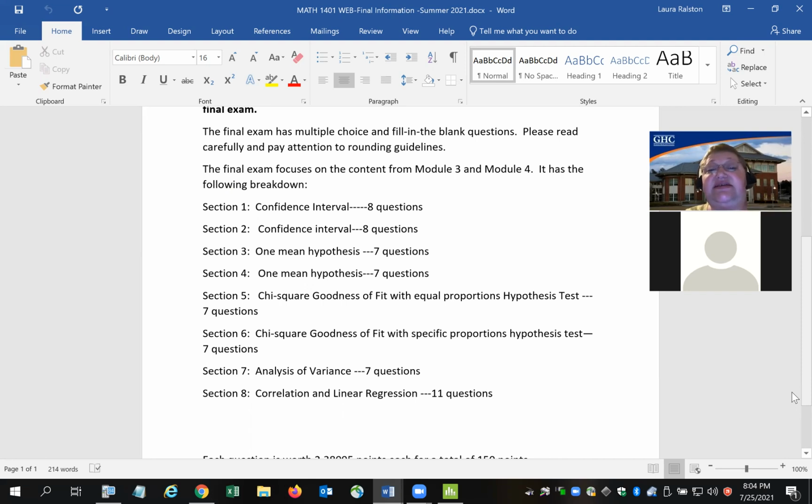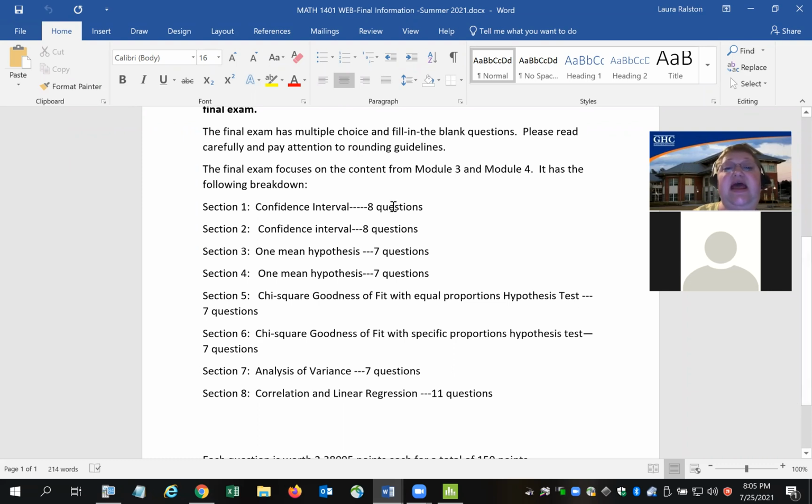Sections 5 and 6 deal with chi-square goodness of fit. You have one question where you have equal proportions, and then a second one where you have specific proportions. Section 7 is analysis of variance, and then section 8 is correlation and regression.